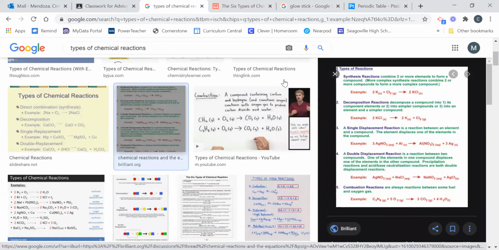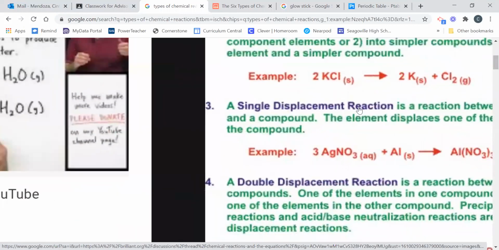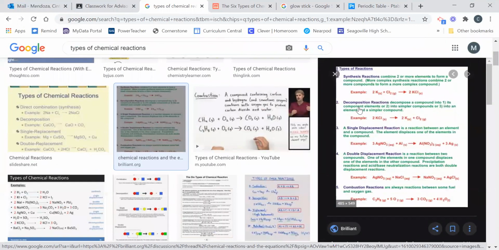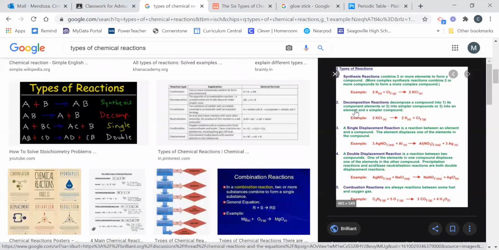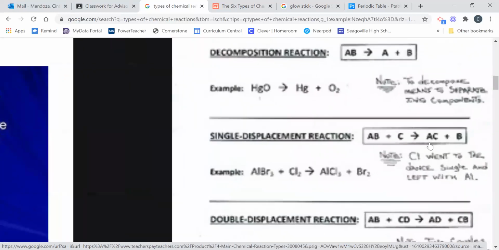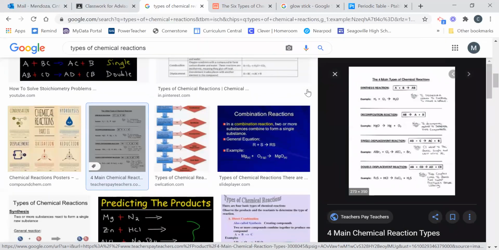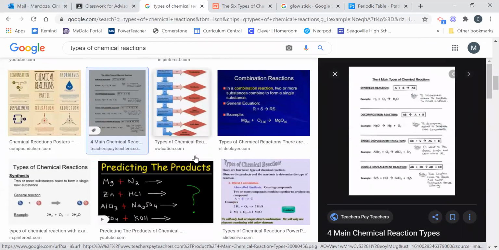So if I gave you a reaction like this, and I didn't give you the vocab words, let's find a better example. Just this one, mercury with oxygen, and you see that it's broken down. Which type of reaction would it be? Would it be synthesis, decomposition, single replacement, or combustion?